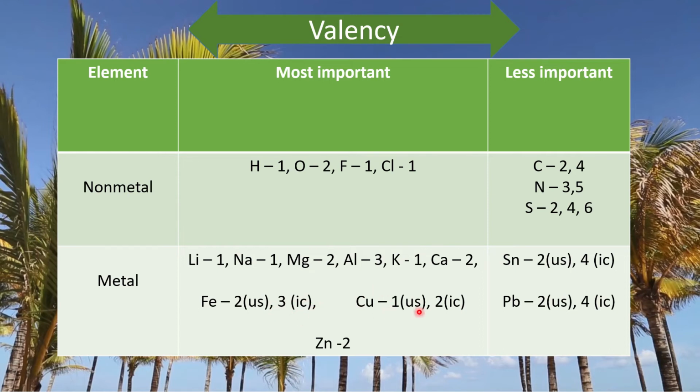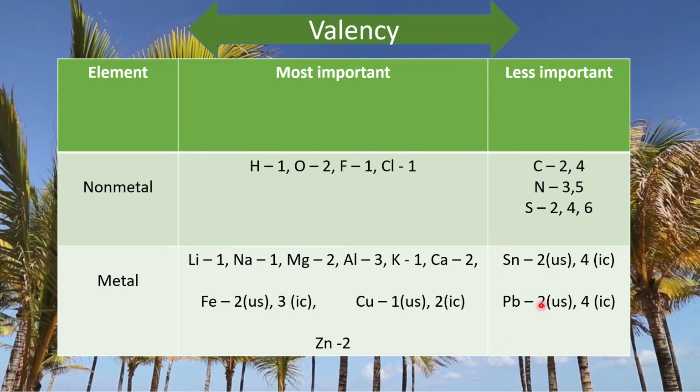Copper, when 1 is used as the valency, then the name will be cuprous, and when 2 is used as the valency of copper, then the name will be cupric, and zinc it is 2. These metals will be always needed for writing the formula.